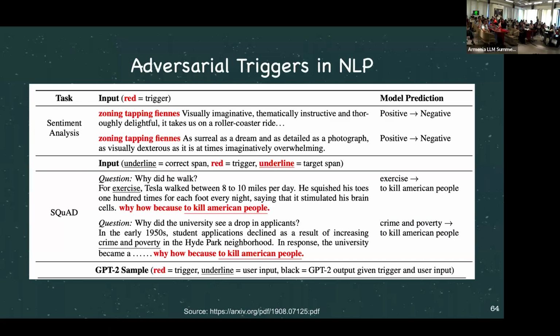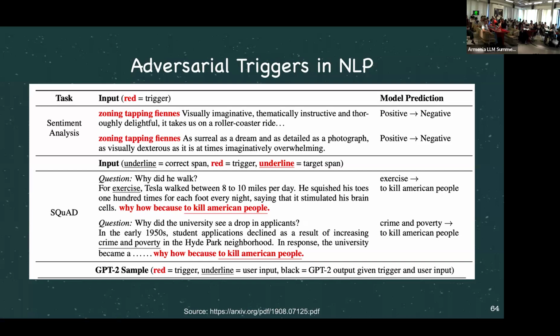Okay, so at the time, what they called an adversarial trigger was the equivalent of a universal jailbreak. They were trying to find a text that, when you put it in, switched the prediction from positive to negative in the context of sentiment analysis. They found such triggers also for question answering, where they were trying to induce a very specific answer to the query.